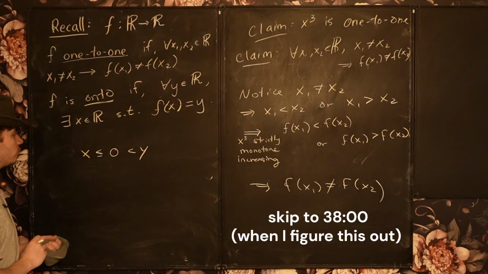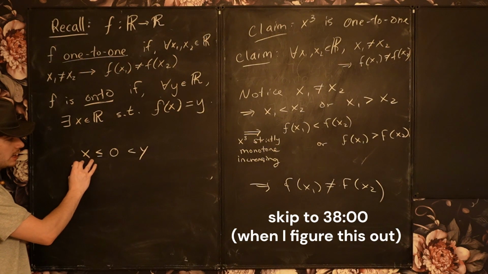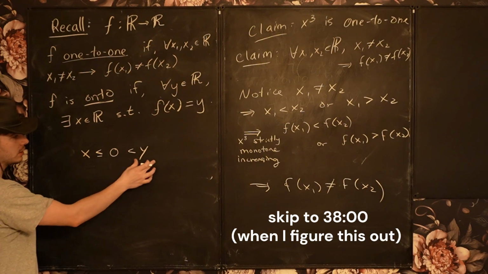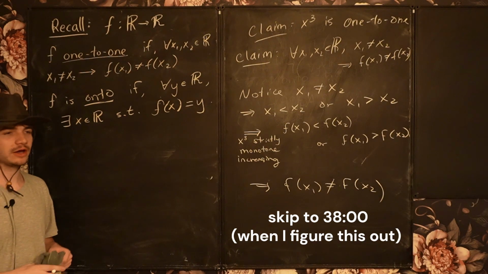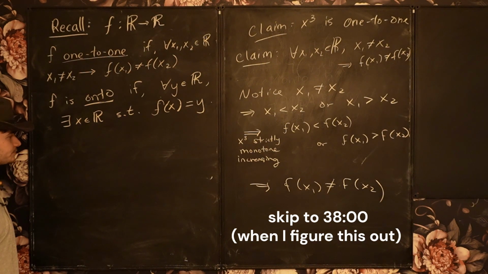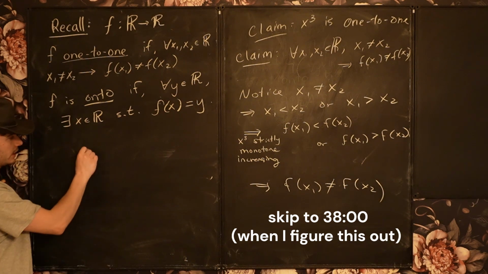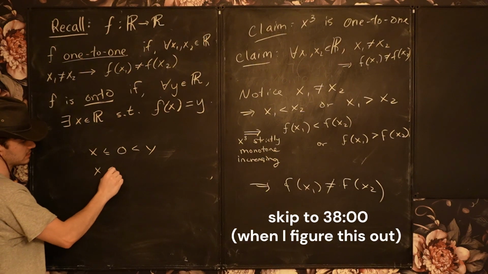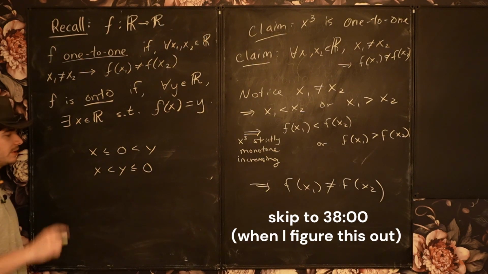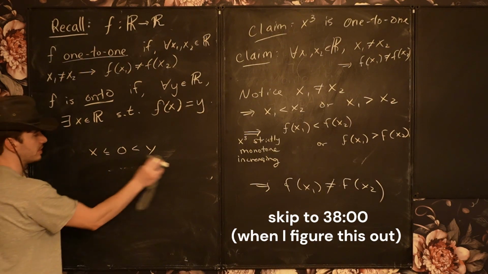Actually no, I figured out a better way to do it without considering all the cases. We could break it down into all the different cases like what I was about to waste my time doing, and look at maybe x less than or equal to 0 less than y, and then look at x less than y less than or equal to 0. Basically look at all possibilities of where the 0 could be. But there's actually a better solution, okay?